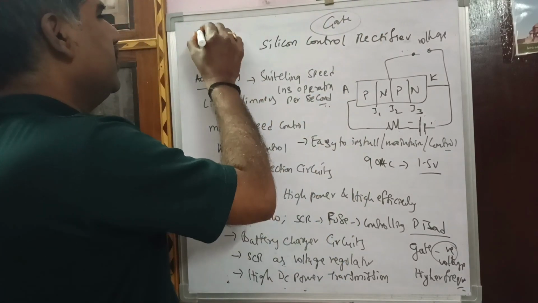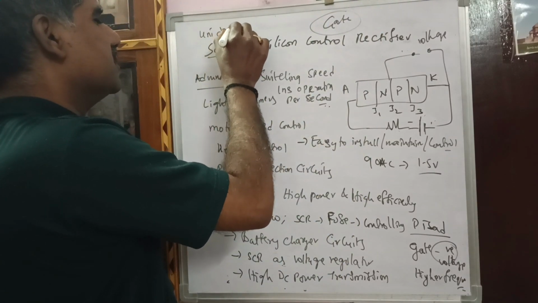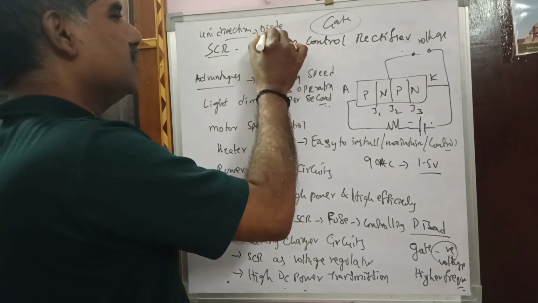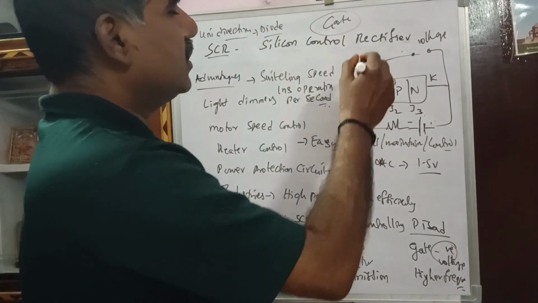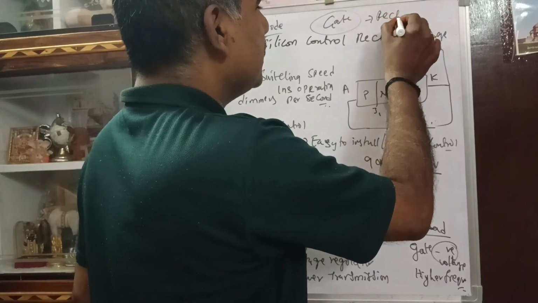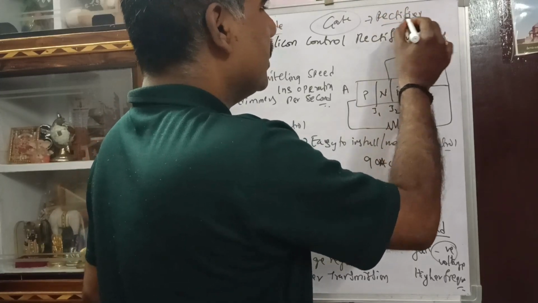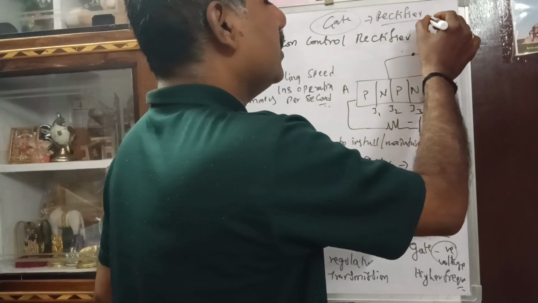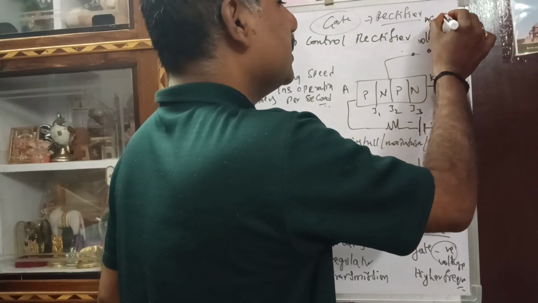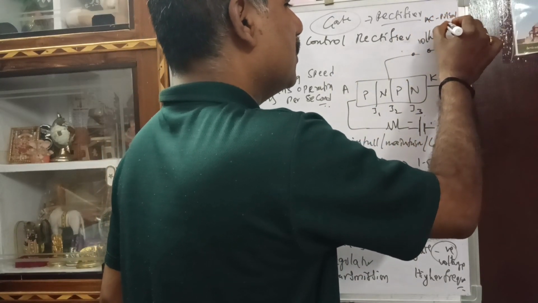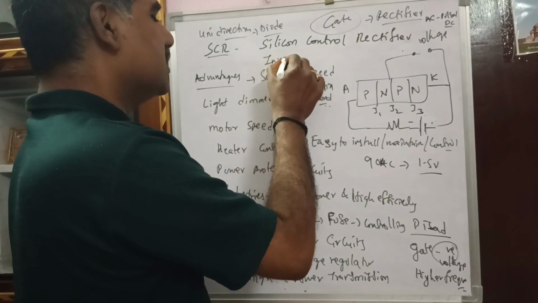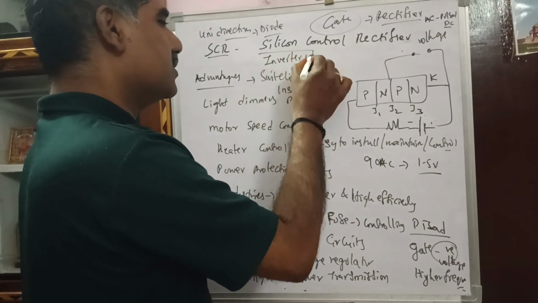It is unidirectional, so it can act as a diode. It can also act as a rectifier, converting AC to pulsating DC. It can also be utilized in inverters.